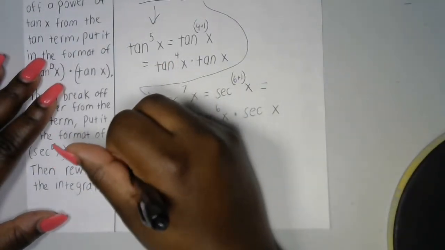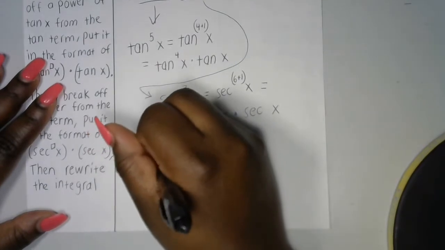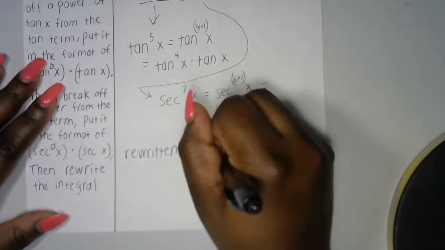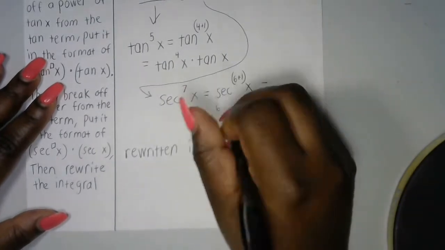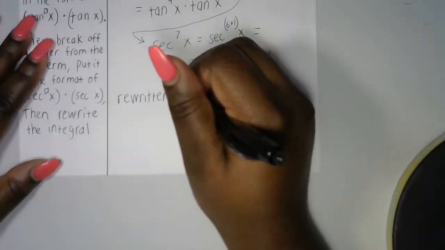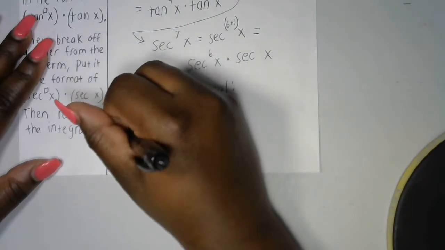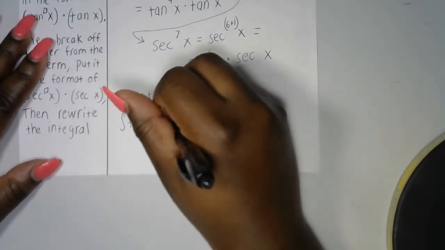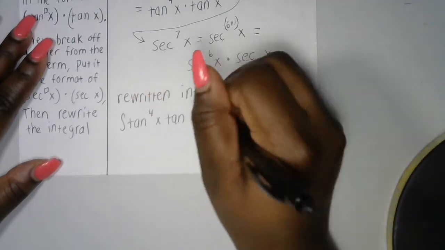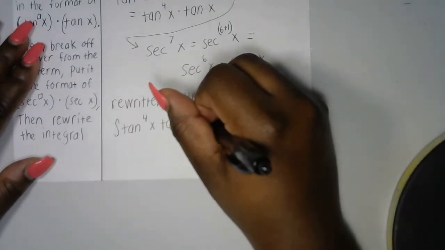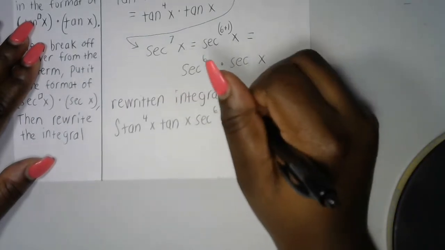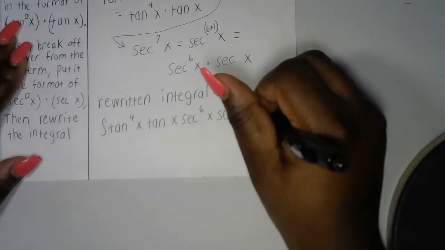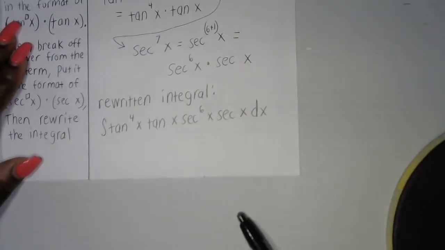The rewritten integral is going to look like the integral of tan x to the 4th power times tan x times secant x to the 6th power times secant x dx. Alright, so that's it for step 1.